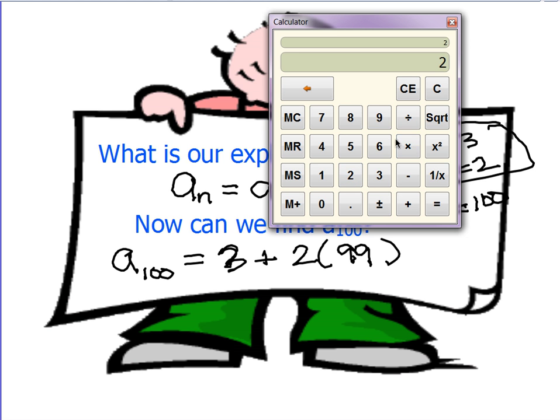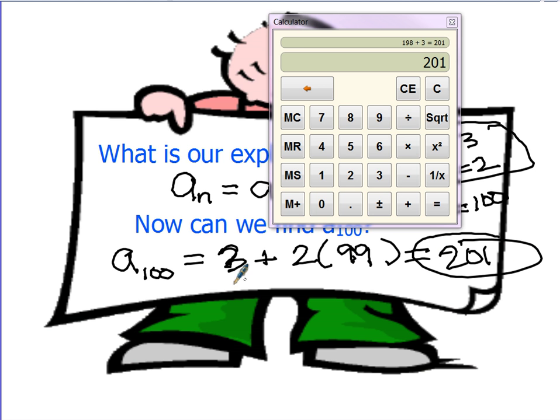So I'm going to do the 2 times 99 first, then add it to 3. And I get a total of 201. So let's write that in. That all equals 201. Well, 201, we just solved our problem, would be the 100th term or number in that sequence on the previous page.